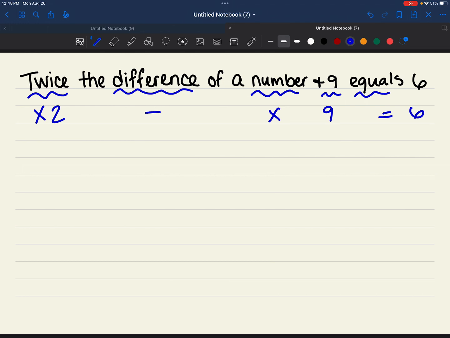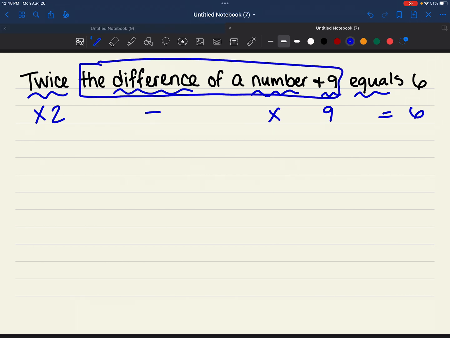So here's what we have to be careful about. What are we subtracting and what are we multiplying by 2? So what all are we multiplying by 2? This whole part, correct? Yeah. So let's write that out first. How can I show the difference of a number and 9? X minus 9.